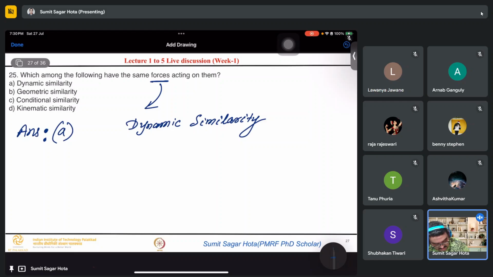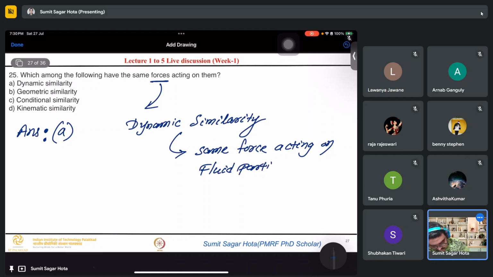So what does it mean? It means same force acting on fluid particles. What does it mean again?